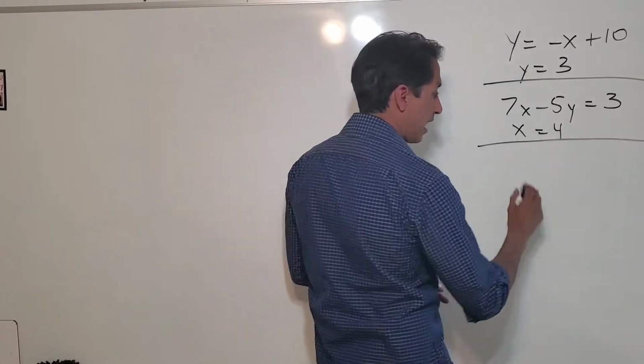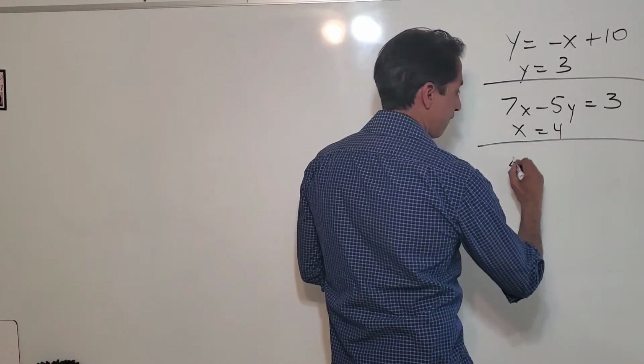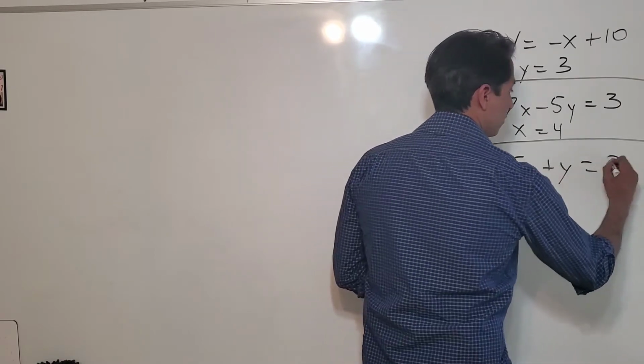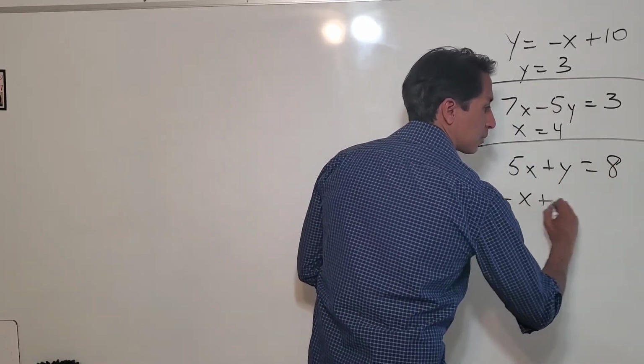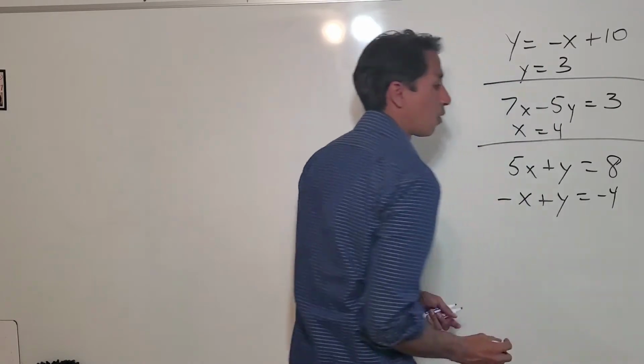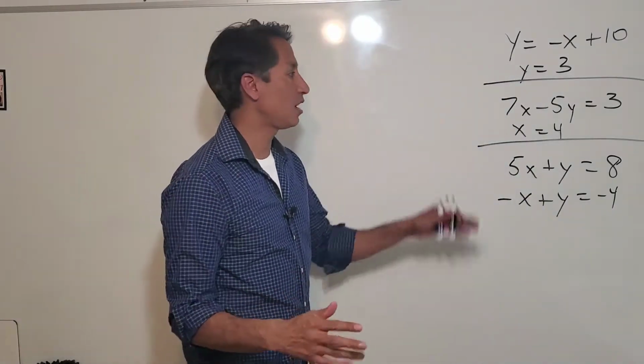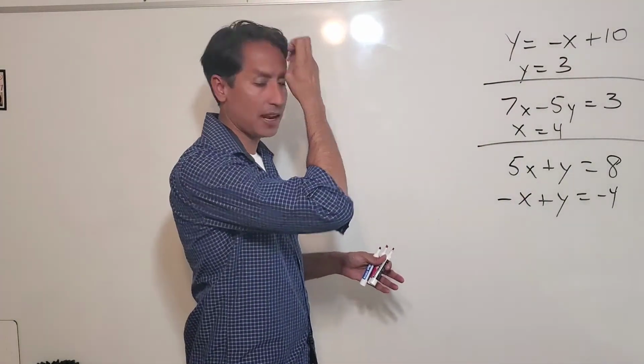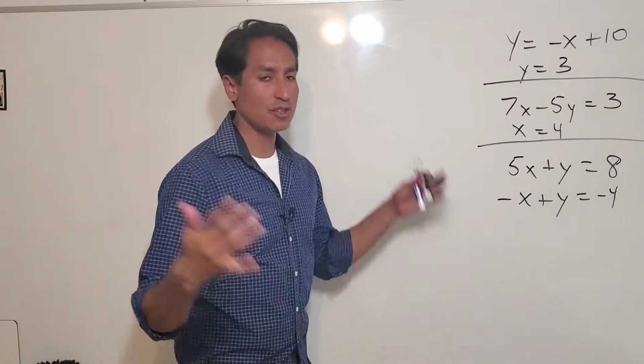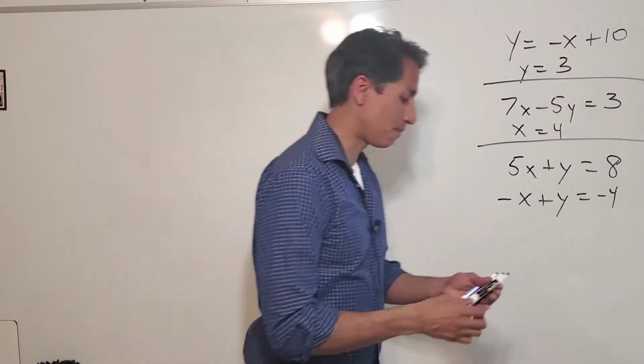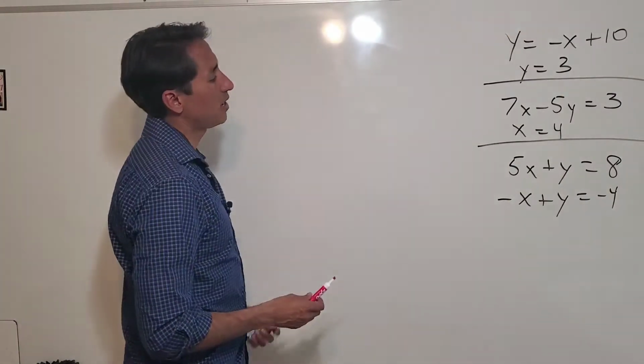And then I've got 5x plus y equals 8 and negative x plus y equals negative 4. Again, pause the video. If you can do all three of these ahead of me and check them as I go, dude, you're rocking this stuff. That's awesome. I'm going to do the first one here.